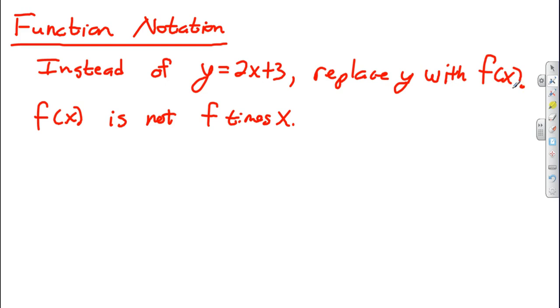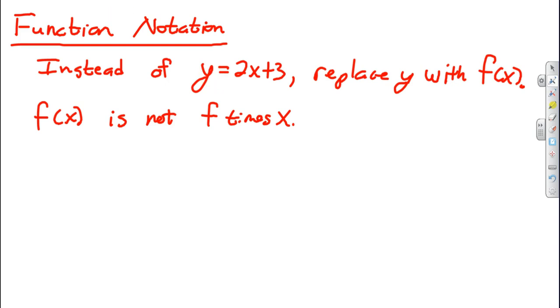If you were doing temperature, it may be f of t because you're talking about temperature. If you're talking about speed, the rate something's going, that variable may be r. So the f is just the function you're going to do, and x is just the number we're going to plug into this thing.